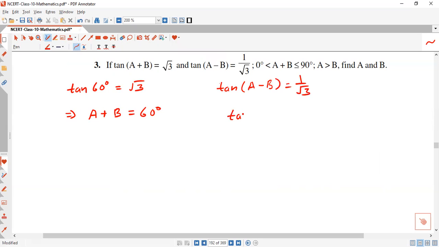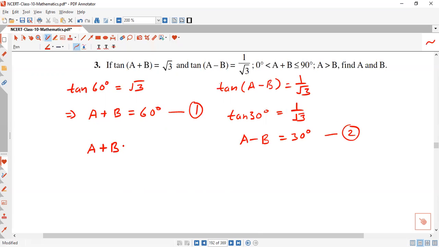We know tan 30 degree equals 1 upon root 3. So A minus B equals 30 degree. So we have two equations, equation 1 and equation 2. We want to solve these two equations. A plus B equals 60 degree, A minus B equals 30 degree.